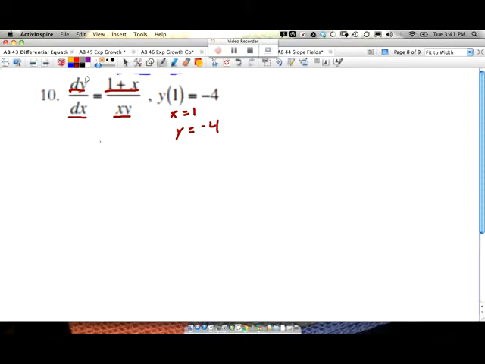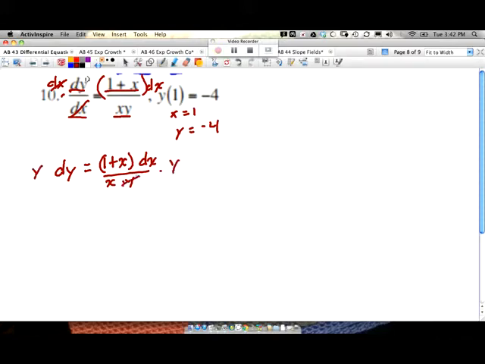Over here, though, let's see what I could do. Well, if I multiply both sides by dx, because I do have to do that just to at least get rid of it down here in the denominator, because that doesn't help me, then I'd have dy equals (1 plus x) dx over x times y. Now I could multiply both sides by this y.